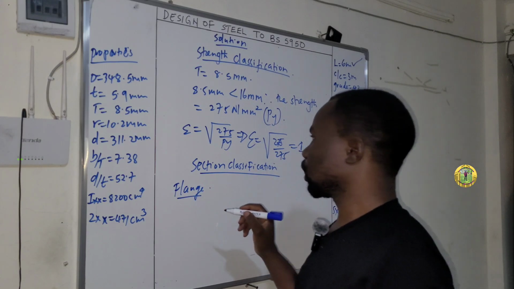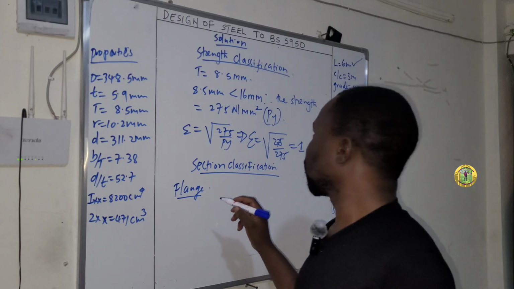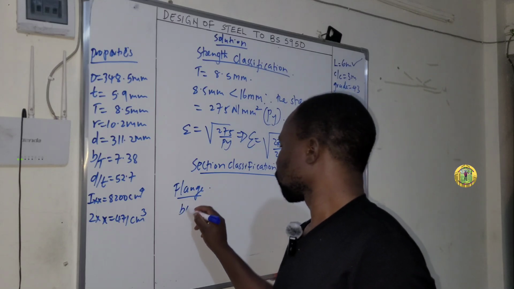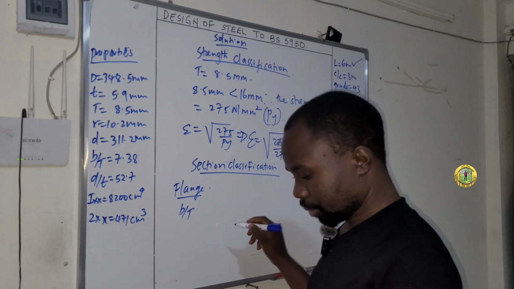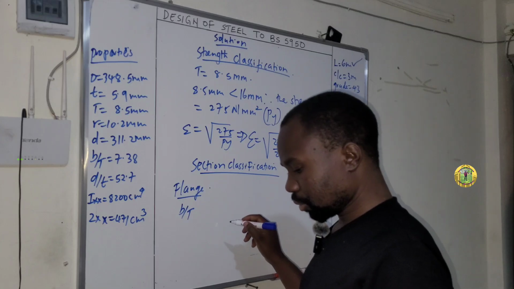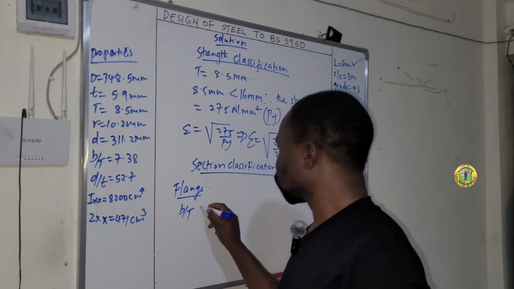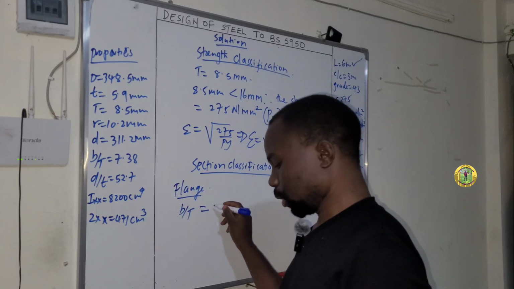So for the flange, we will use B over T, which is equal to 7.38.